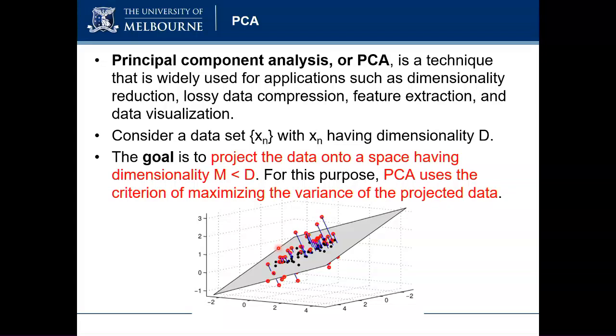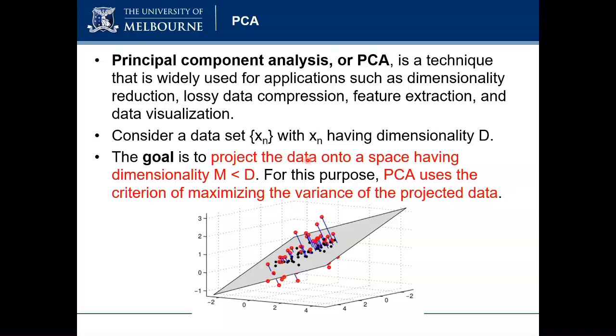And the goal is to project data onto a space having dimensionality m less than d. Because the goal is not always visualization, the goal could be simplifying the computational load of your algorithm. M may be much larger than 3, but if D is, say, 1,000, and I map it to 100 dimensions, I'm getting pretty good mileage out of my mapping, right?